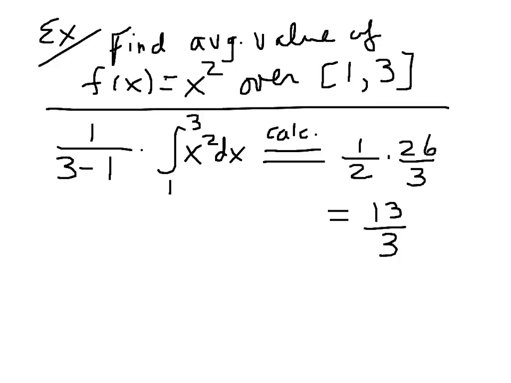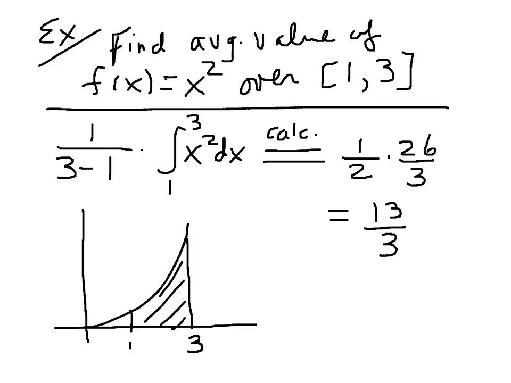Now, what does that mean? Let's take a look at the picture. So down here we see the graph of y equals x squared, and we're looking at it from 1 to 3, and the shaded region is the area under the curve.